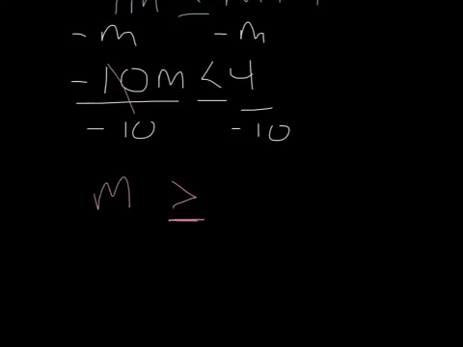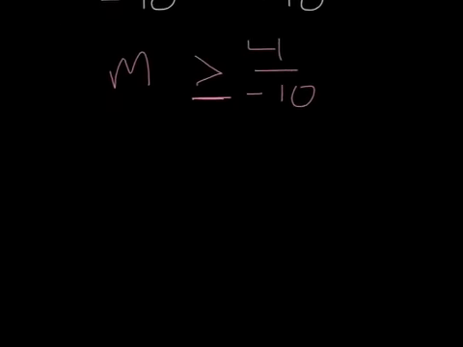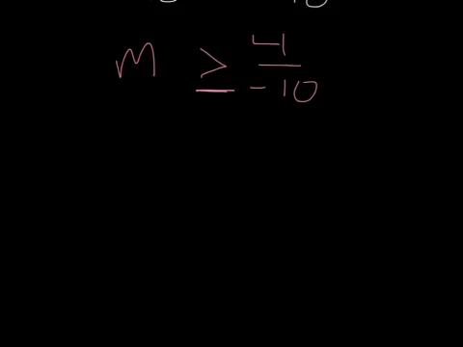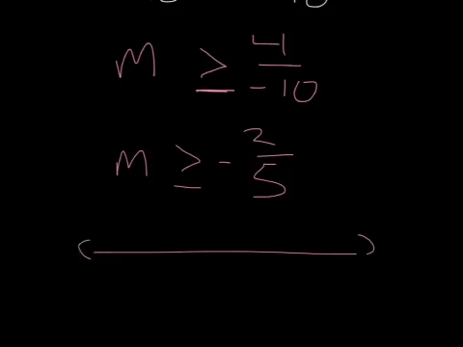I'll get m is greater than or equal to 4 over -10. And make sure you still remember how to simplify fractions. We want to simplify things always. This is going to become m is greater than or equal to -2 over 5.